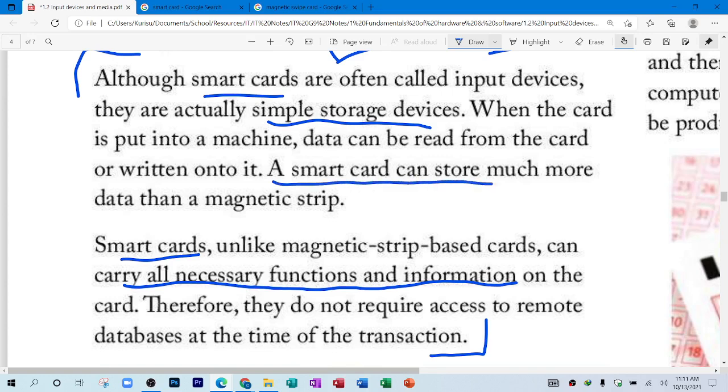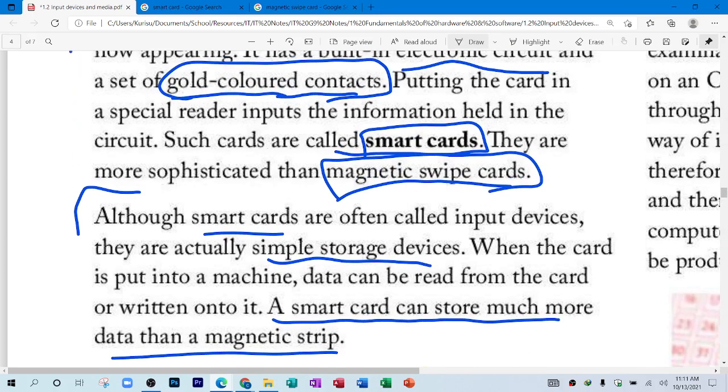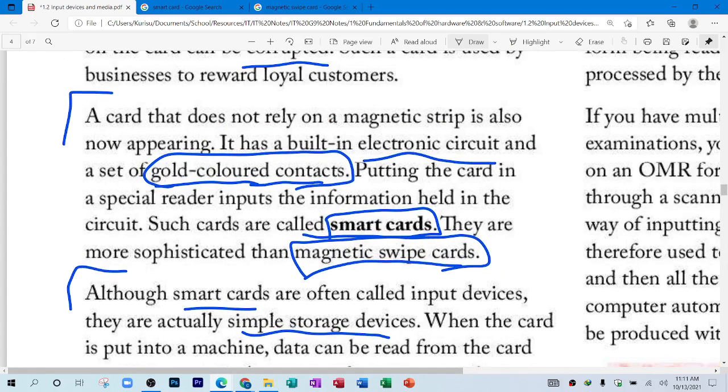So here, a smart card can store much more data than a magnetic swipe card, because the smart card would have a built-in electronic circuit. And that is what is being used to store the data. So that's why it can also be called a storage device, because it is storing the data on the card.